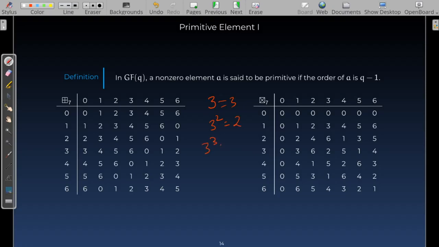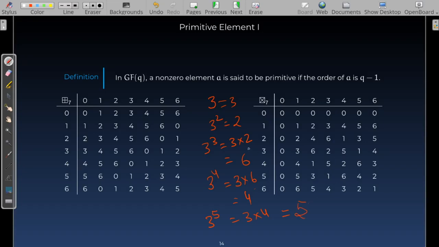Then 3 cubed is 3 times 2, which is 6. Then 3 to the fourth is 3 times 6, which is 4. Then 3 to the fifth is 3 times 4, which is 5.